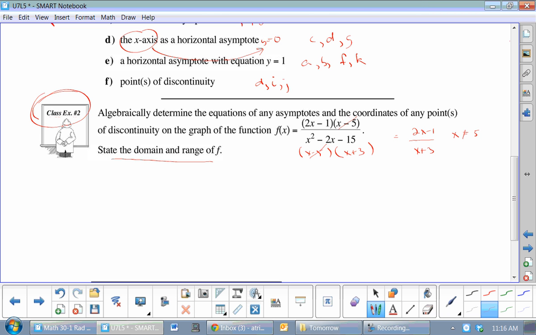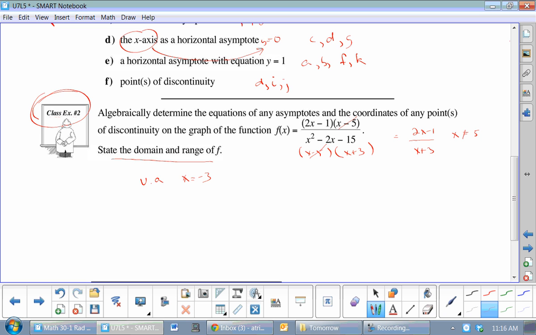Okay? Now, let's do asymptotes first. Okay, so vertical asymptote. Do I have a vertical asymptote? Yes, at where? You guys, talk to me. Where? X equals negative 3. Very good.